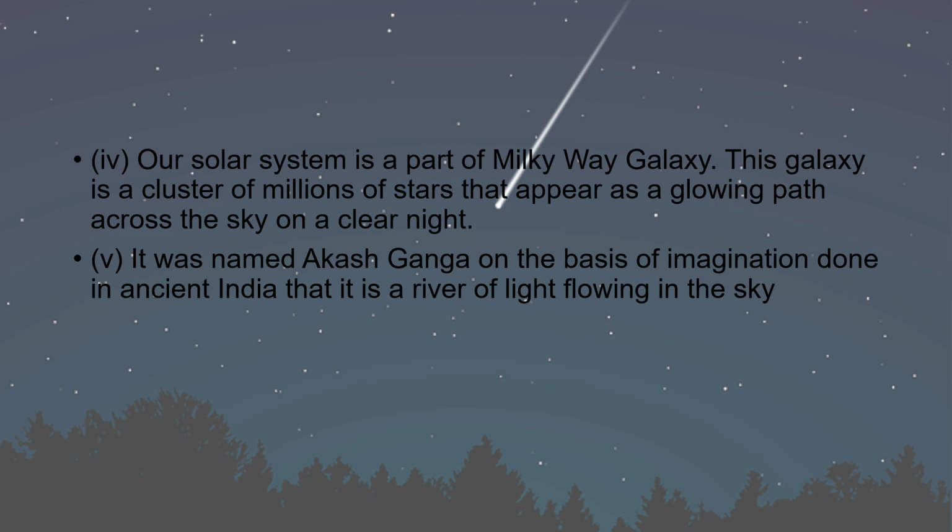Our galaxy was named Aksha Ganga on the basis of the imagination of ancient Indians, a river of light flowing in the sky. Ganga is a huge river, no? Same way, it appears to be a river of stars flowing in the sky. So it was earlier named Aksha Ganga and later changed to Milky Way galaxy.